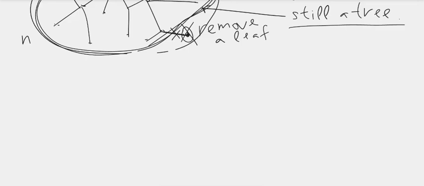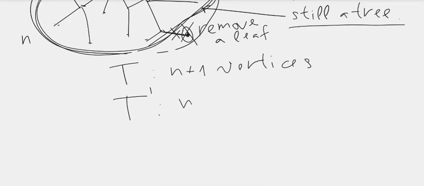Let's denote the original graph T. T has n plus 1 vertices. The graph T prime with the removed vertex and edge is also a tree. It has n vertices.